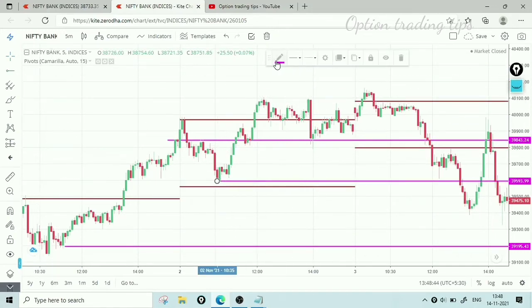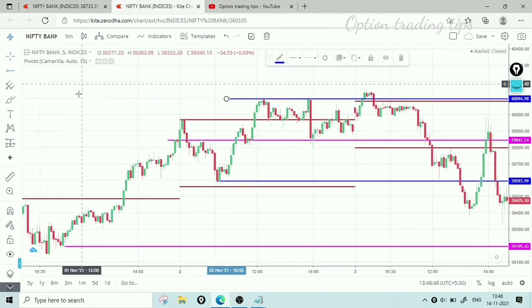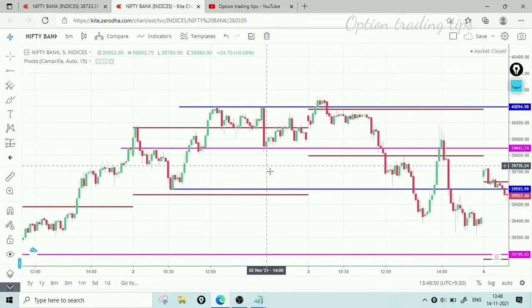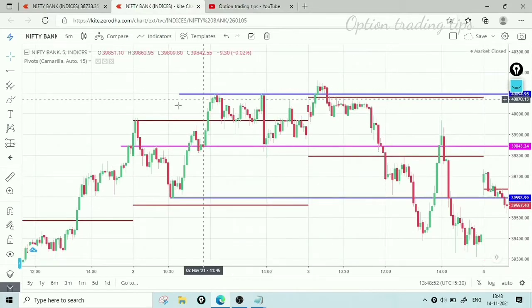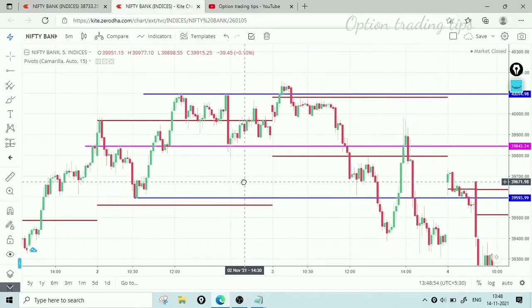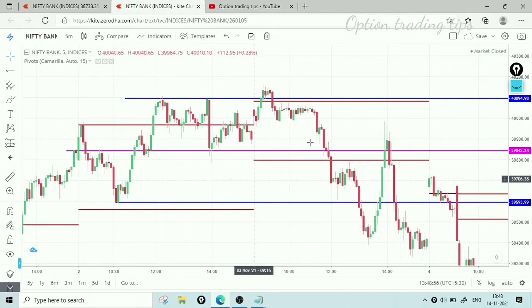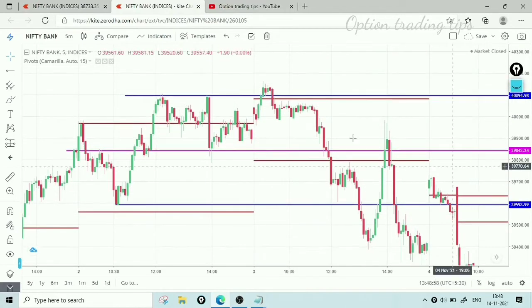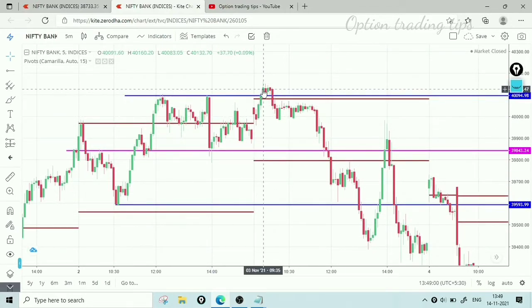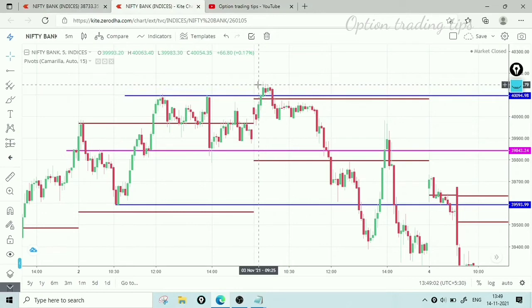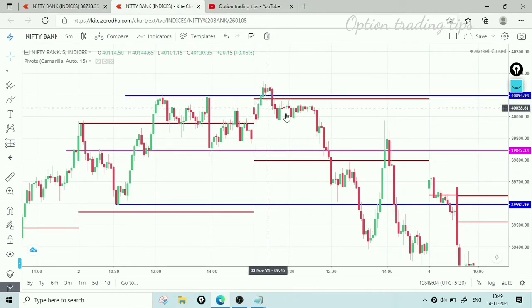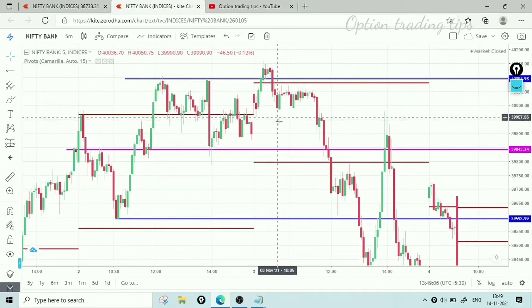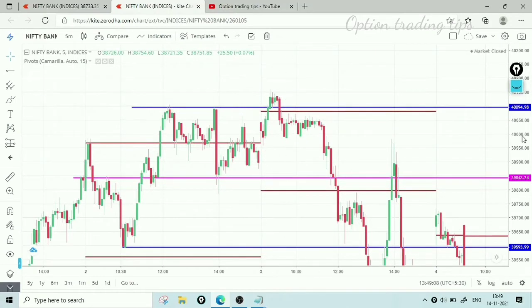So I mark this in a different color. Here we see the next high was broken, but there is some consolidation, not a proper breakout. That means there is no confirmation candle for this breakout.